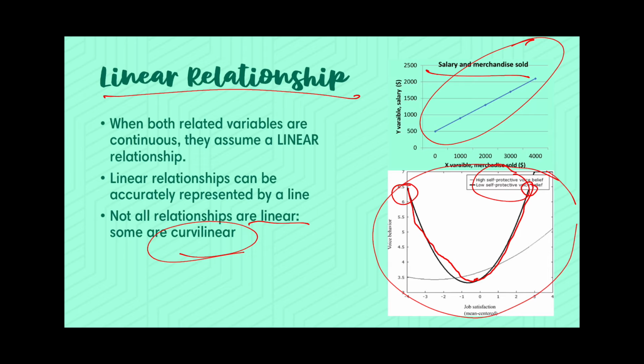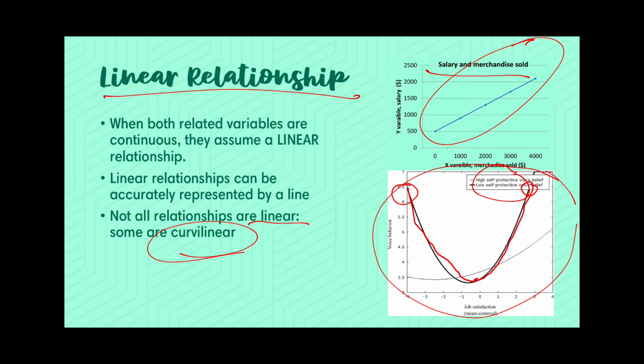Then as you go into your young adulthood years, you try to break off from your family, so your proximity to your siblings will be less. And then when you grow older, that's the time you start to come back to having more interactions with your siblings. So that's another example of a curvilinear relationship.